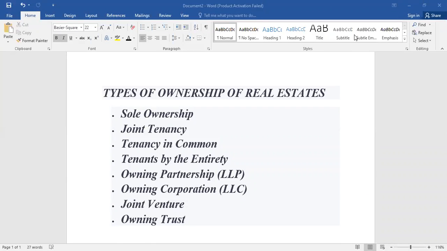One of the most important aspects of a joint tenancy agreement is that there is a right of survivorship. That's the only advantage, which means that if one of the tenants dies, the ownership will be passed on to the surviving tenants, unlike in the other cases where the ownership is not easily transferable.